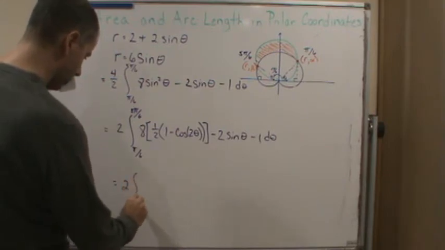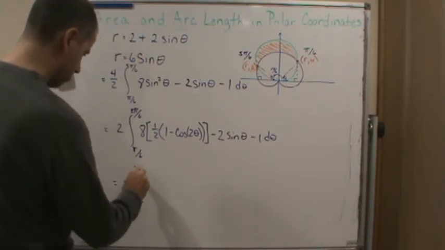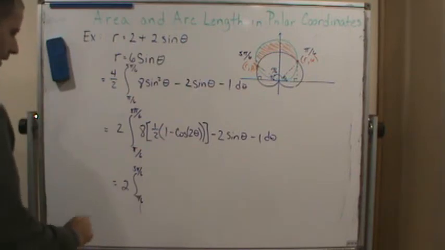So it'll be 2, pi over 6, 5 pi over 6. And so what happens here?